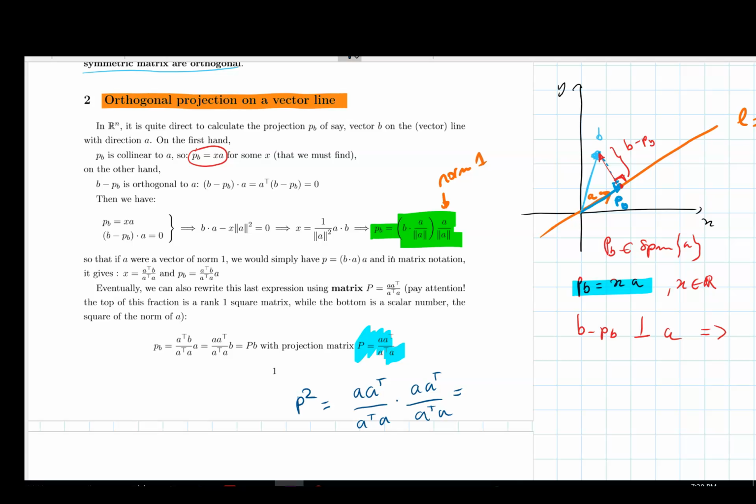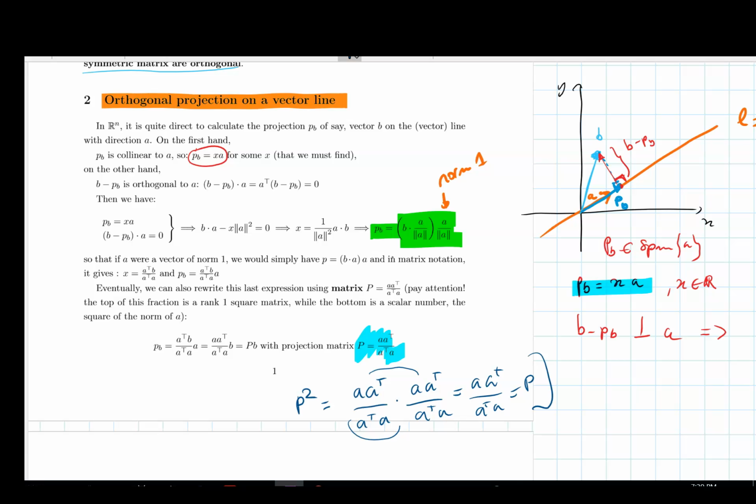We've got A transpose A here, simplifying with this, and this is going to be A transpose divided by A transpose A. What is that? That's exactly P. And that's something we will study later on, that this is one way to describe projections.